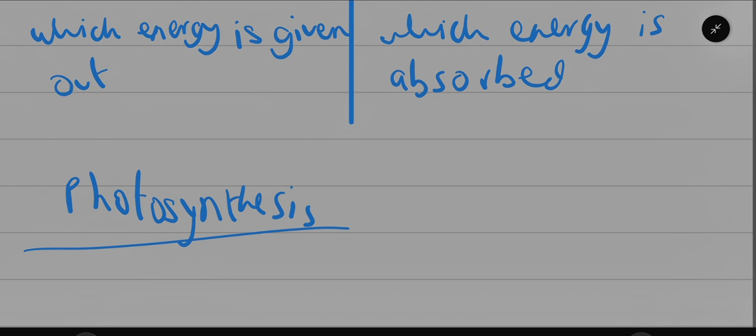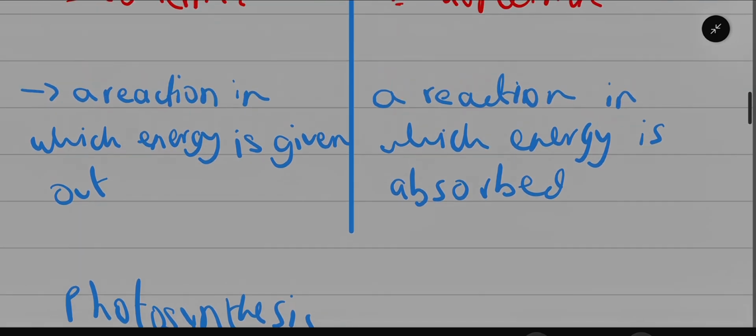Plants do it during the day. Why? Because they need light energy to enable that process to start. Why do you think photosynthesis does not happen at night? Because there's no light. So in order for photosynthesis to take place, you need light energy. And what does this mean indirectly? That energy is absorbed. So you can say that it is an endothermic reaction.